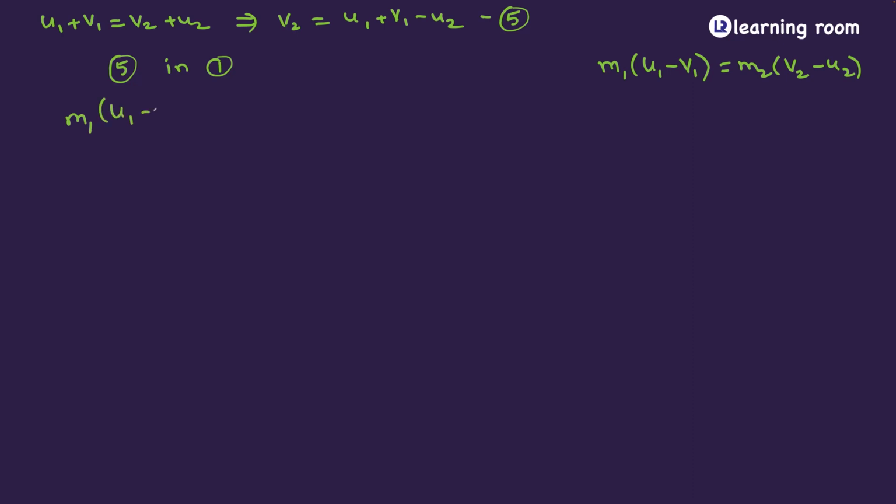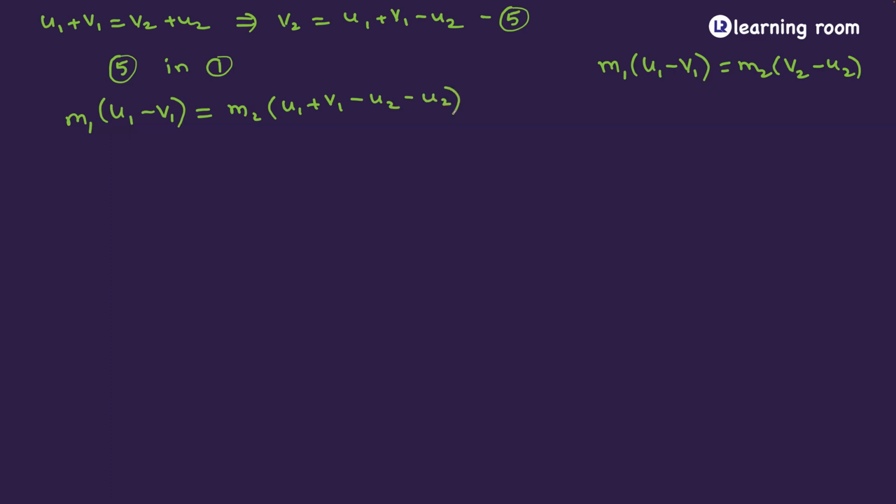M1 into u1 minus v1 is left undisturbed, so it is equal to m2 into the value of v2, which is u1 plus v1 minus u2, and you have a minus u2.